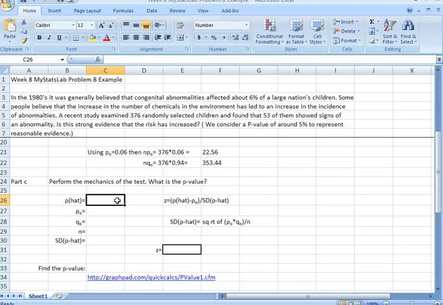So p-hat equals 53 divided by 376, which is our n, and we get p-hat to be 0.1410.